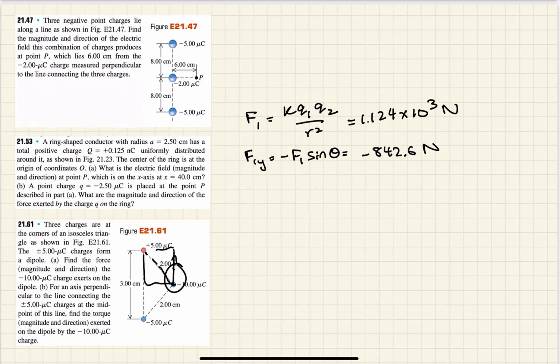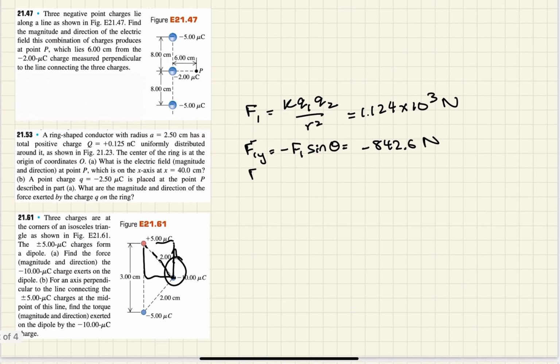Do the same thing for F2, and F2y is also going to be negative 842.6 newtons, because these are like charges, and so they're going to repel each other, and so it'll be in the same direction. So the total net force in the y direction is going to be the sum of them, which is about negative 1680 newtons. It would still be a negative, but it's upwards.